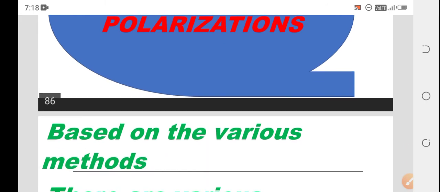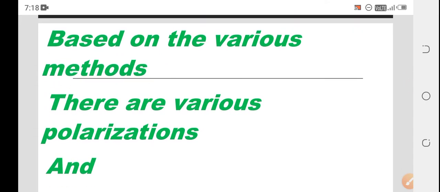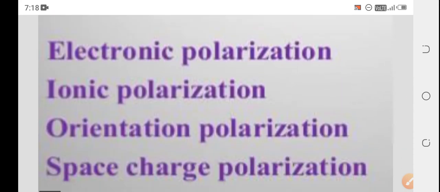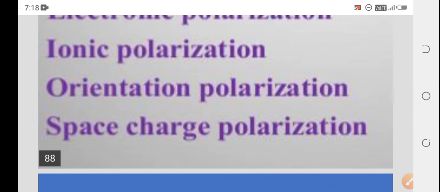There are various polarizations based on various methods, and they are electronic polarization, ionic polarization, orientation polarization, and space charge polarization.